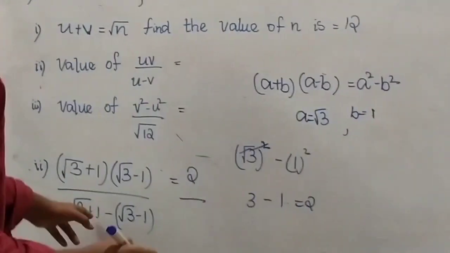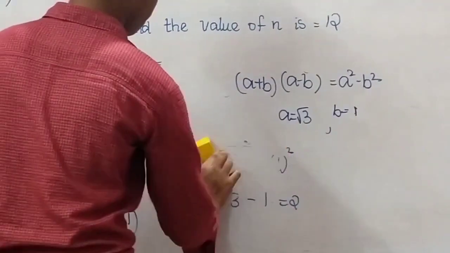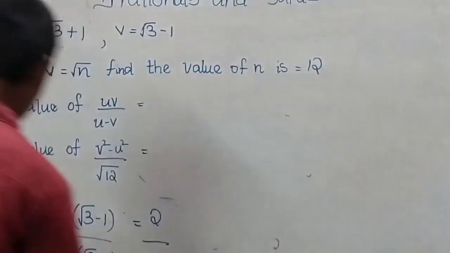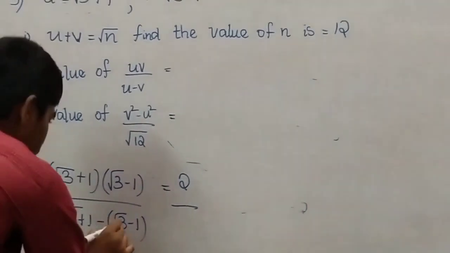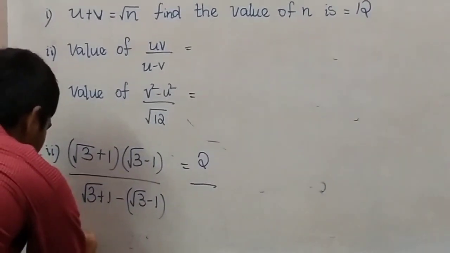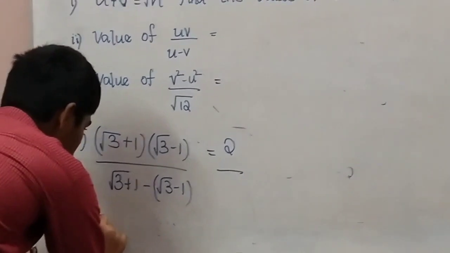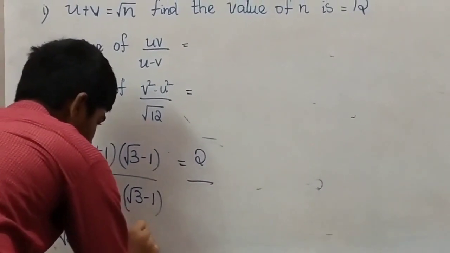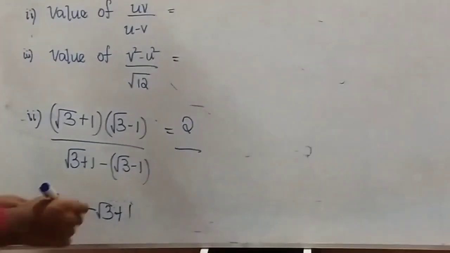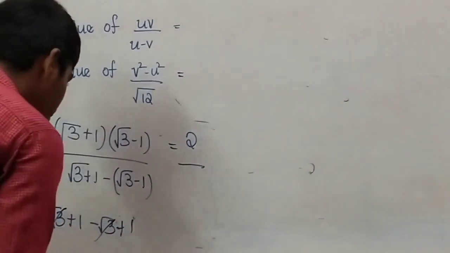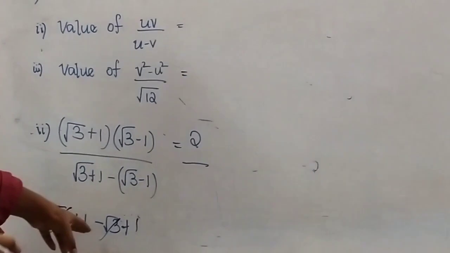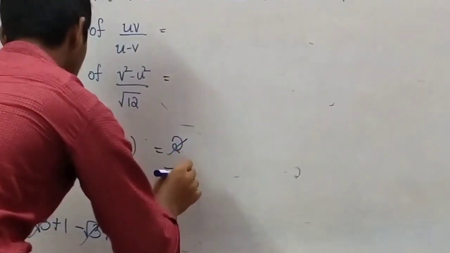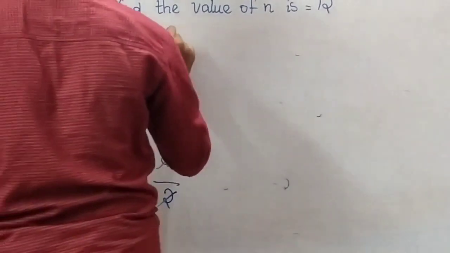For the denominator, root 3 plus 1 minus root 3 minus, changing the sign, minus minus is plus 1. Root 3 gets cancelled because of plus and minus, 1 plus 1 is 2, so the denominator is 2. Now 2 and 2 will cancel, the answer is 1. The second answer is 1.